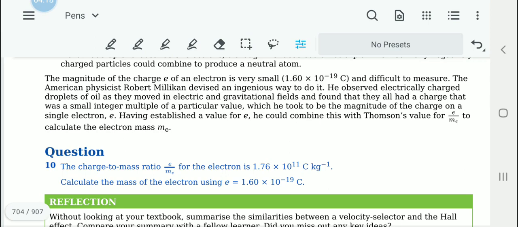But it was Robert Millikan who actually found a better way of doing it.